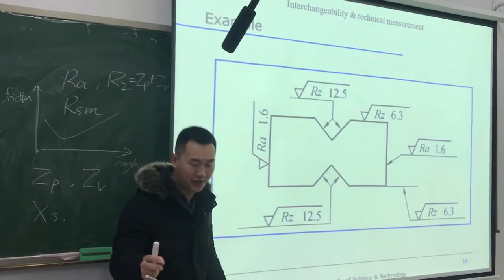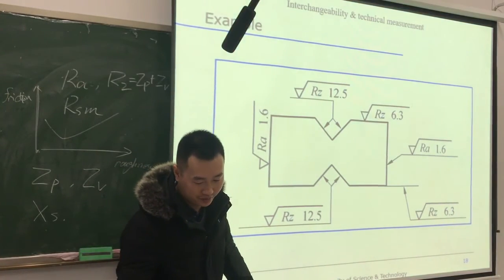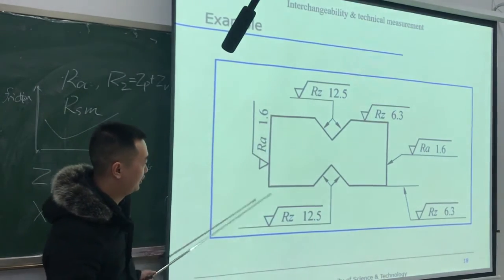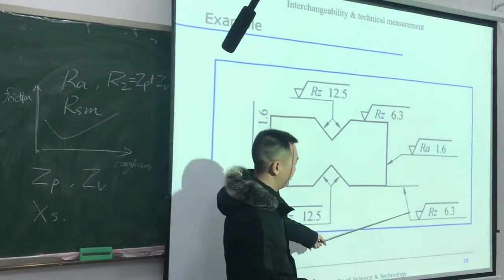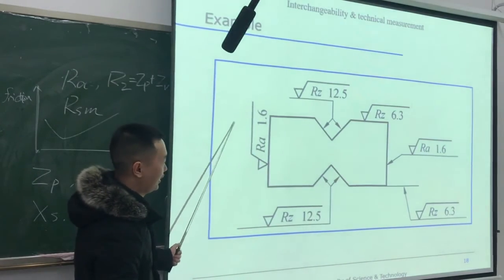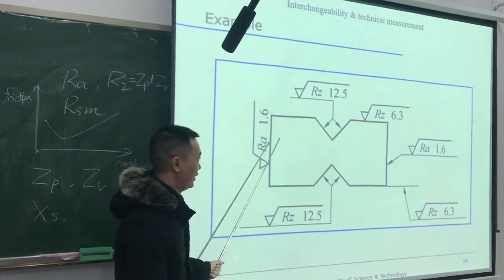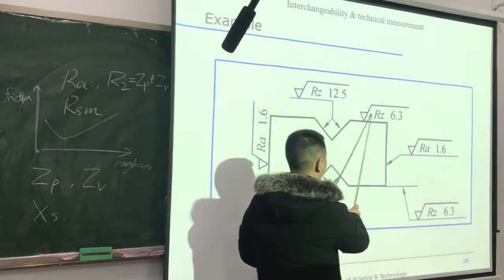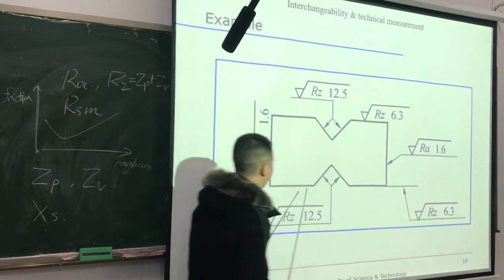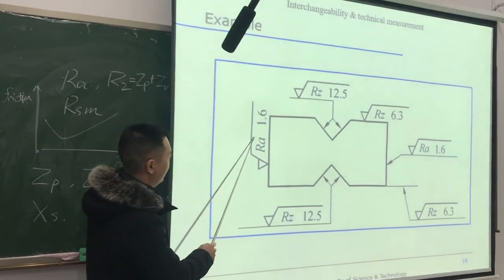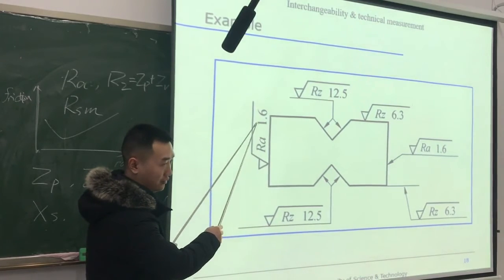Here are some examples of the labeling of roughness. In fact, the labeling direction of roughness is very much like the labeling of dimensions. Normally we label horizontally, and then we can also label vertically.